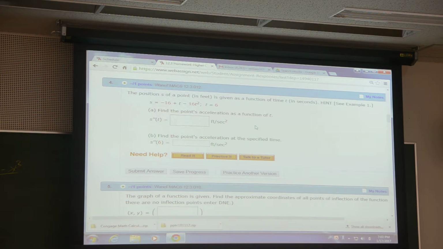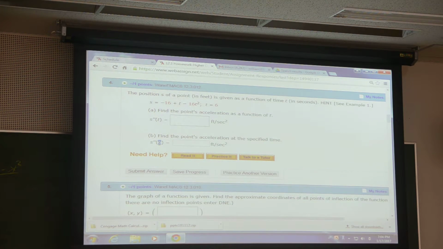Okay? And then they ask part B, what's the acceleration at this particular time? What time? When t equals 6. But I just asked you, does the acceleration depend on the time? You just said no, it's constant acceleration.